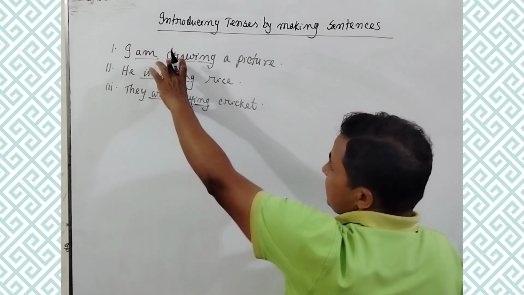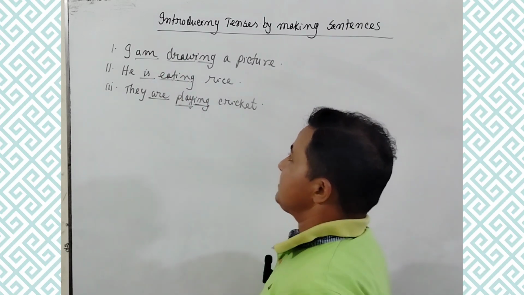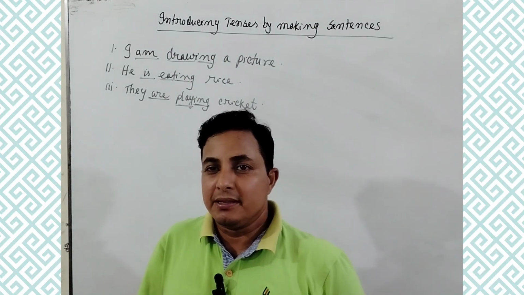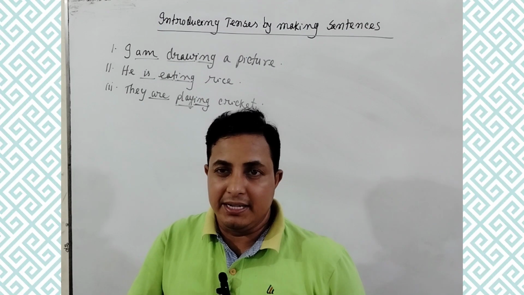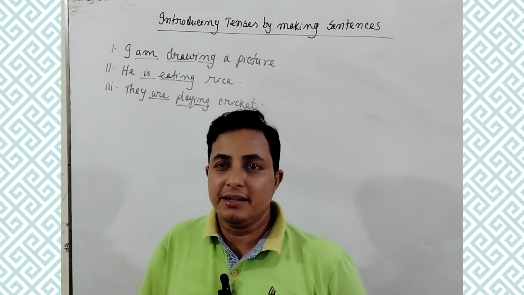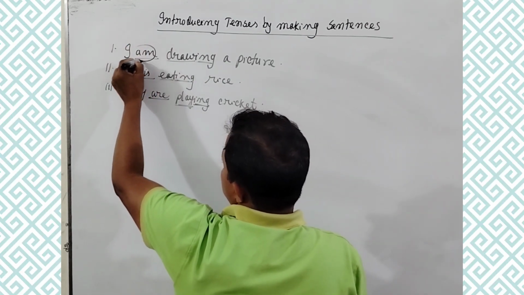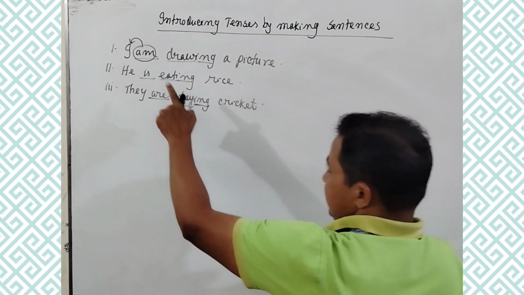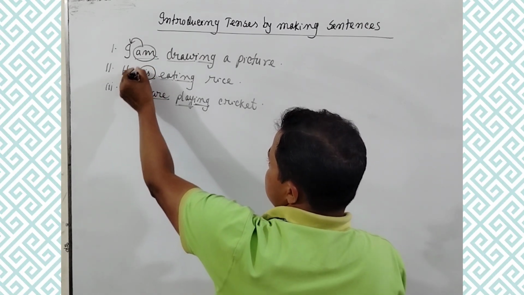And if you see this kind of sentence, where after the subject there is am, is, are, then the base form with ing, you can find out it's very easy. These sentences are usually used in present continuous tense. Mind it, am is only used after I, and if the subject is third person singular number, then you can use is.